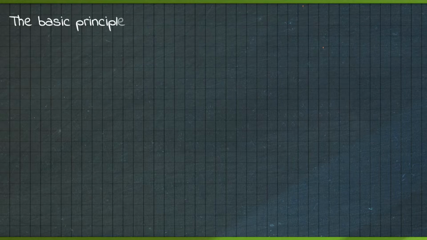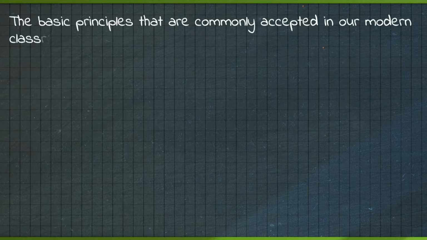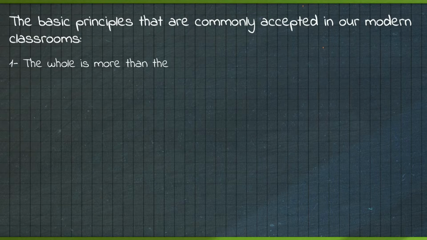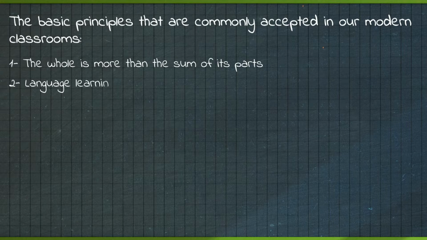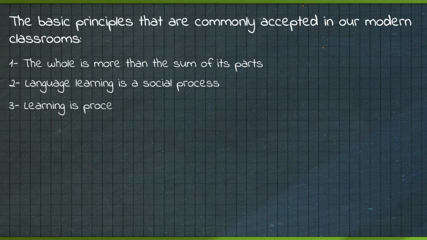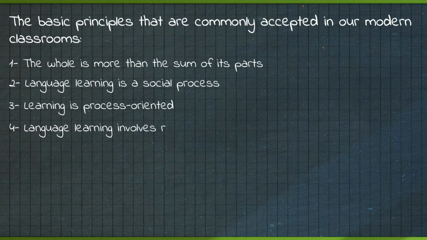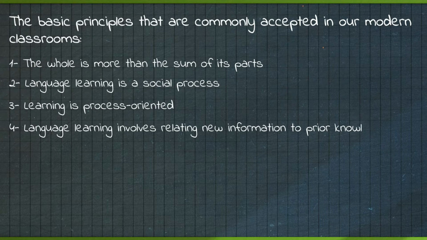The basic principles that are commonly accepted in our modern classrooms are: 1, the whole is more important than the sum of its parts. 2, language learning is a social process. 3, language learning is process-oriented. 4, language learning involves relating new information to prior knowledge.